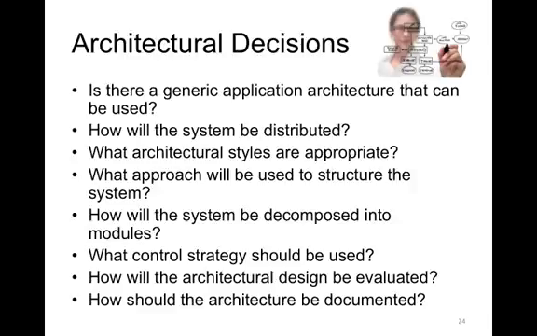So if we're doing a transaction processing system in a bank, it's a high likelihood that there would be an architecture in which we would need to fit, or that there's that type of generic architecture that we talked about before, in which we would need to fit our system.